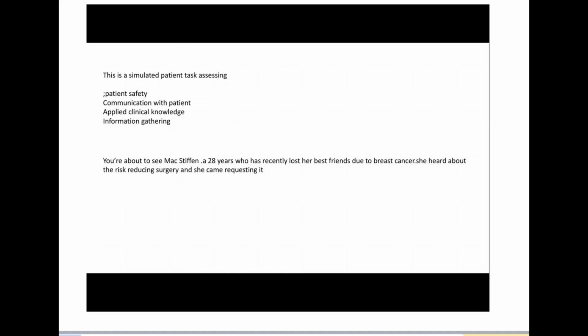So you have to express your empathy and sympathy with the patient. Okay. Then you ask her what happened or what came to her mind and why she decided to do that.